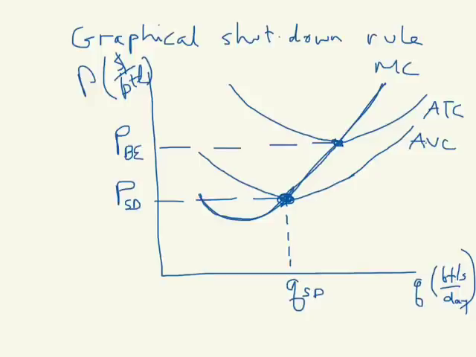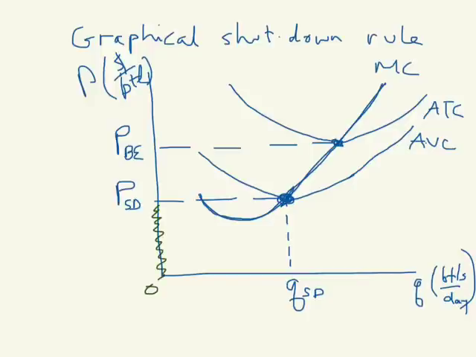Anyway, now notice we've derived the competitive firm's supply curve. I'm going to change colors. Let's have it be green. Notice that at prices below the shutdown price, the firm is going to produce zero.